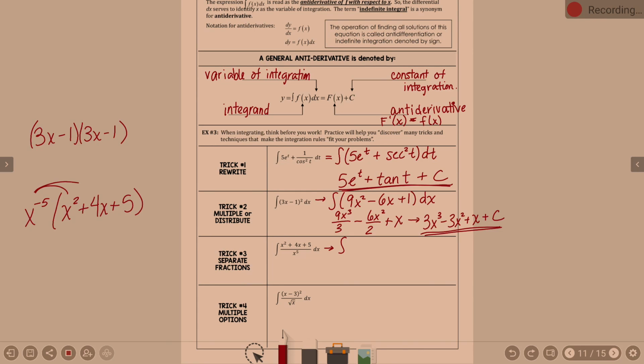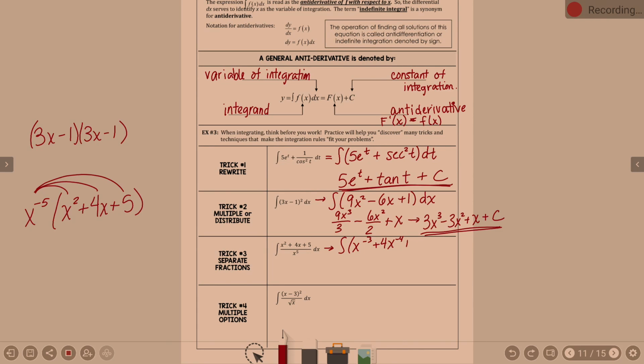Now, my brain goes a different way. Nothing wrong with what your brains did, if your brain did that. My brain just divides each of these. I have one denominator. My brain just divides it. What's x squared divided by x to the 5th? 1 over x cubed. I'm not going to integrate 1 over x cubed, though. I'm going to integrate x to the negative third. 4x divided by x to the 5th is 4x to the negative 4th.